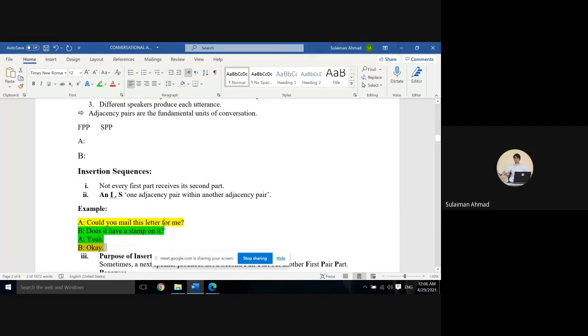So this okay is actually an answer to the first question, and this adjacency pair is called an insertion sequence. You may simply say it is an adjacency pair within an adjacency pair. An insertion sequence is one adjacency pair within another adjacency pair.